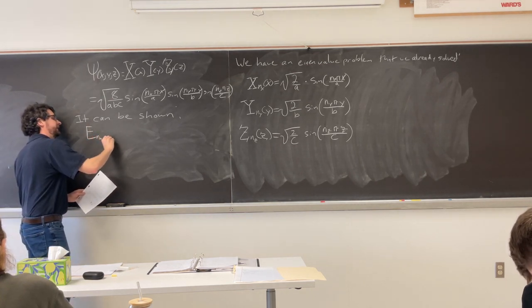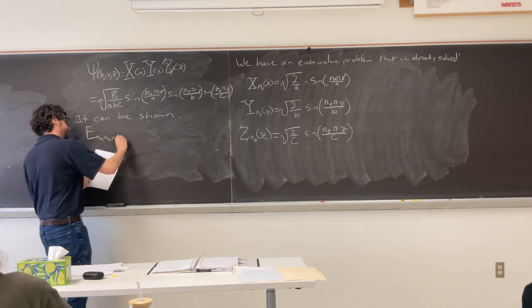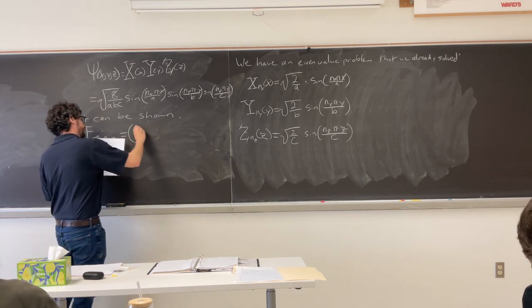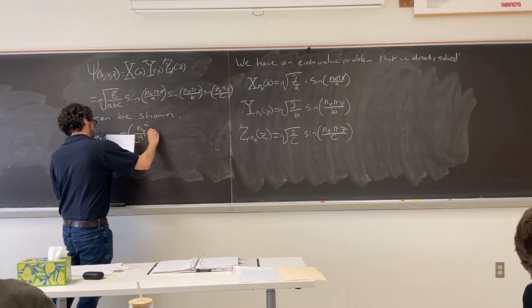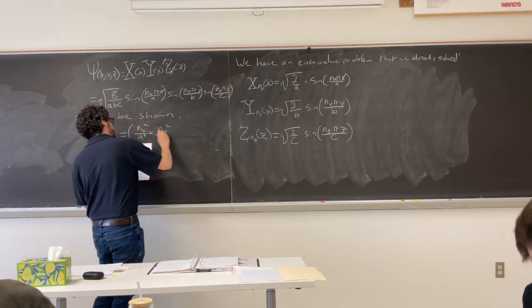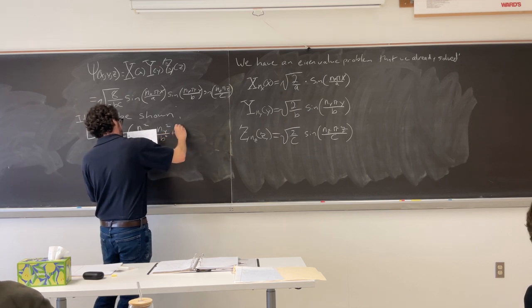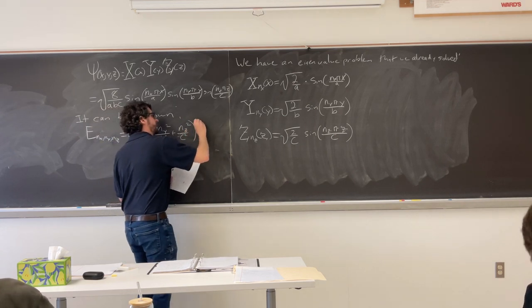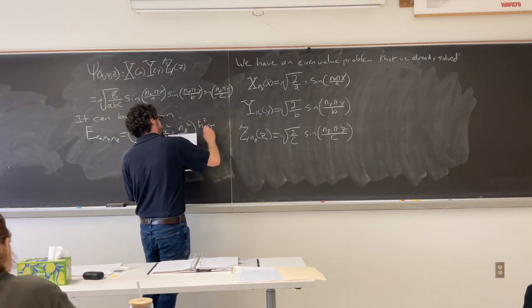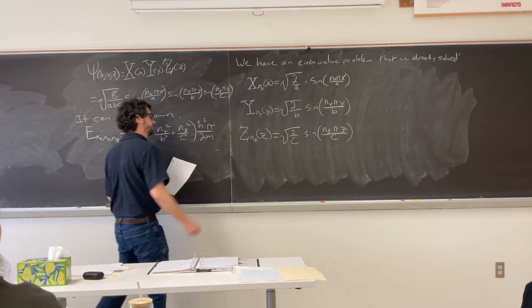E of n sub x, n sub y, n sub z is equal to n_x squared over a squared plus n_y squared over b squared plus n_z squared over c squared times h bar pi over 2m.